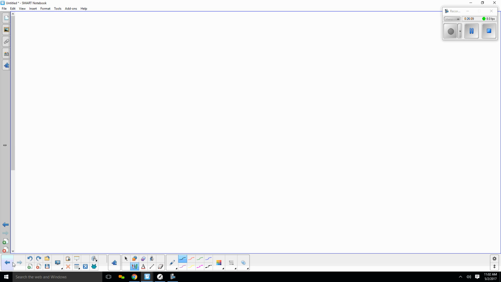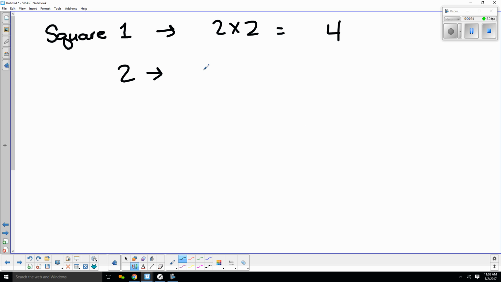Number 4, it says look at the pattern. So square 1 is made up of how many blocks? 4. Well, what am I going to multiply length times width to get 4? 2 times 2. Does everybody agree with that? Square 2, what's the size of my square? 3 by 3, and it gives me 9.